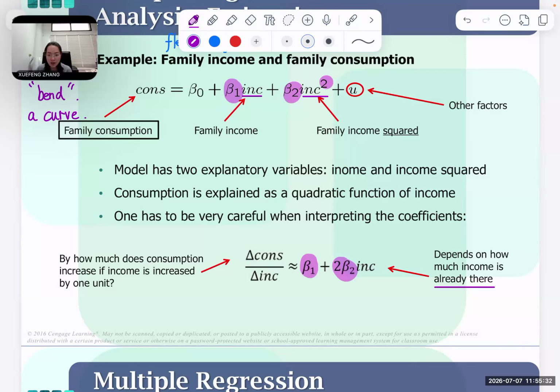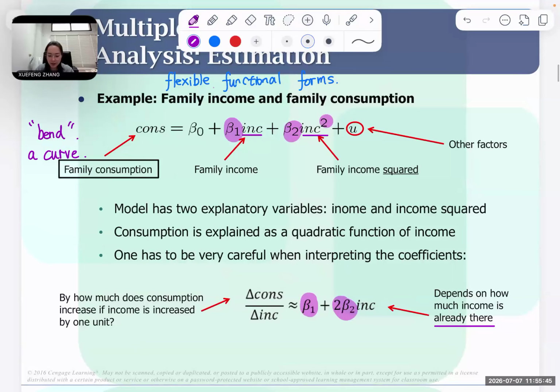So the marginal effect isn't one fixed number anymore. It changes as income changes, okay? This is the price of flexibility that I mentioned here. Coefficients alone don't tell the story anymore. You need to plug in a specific income level to get the actual marginal effect at that point.